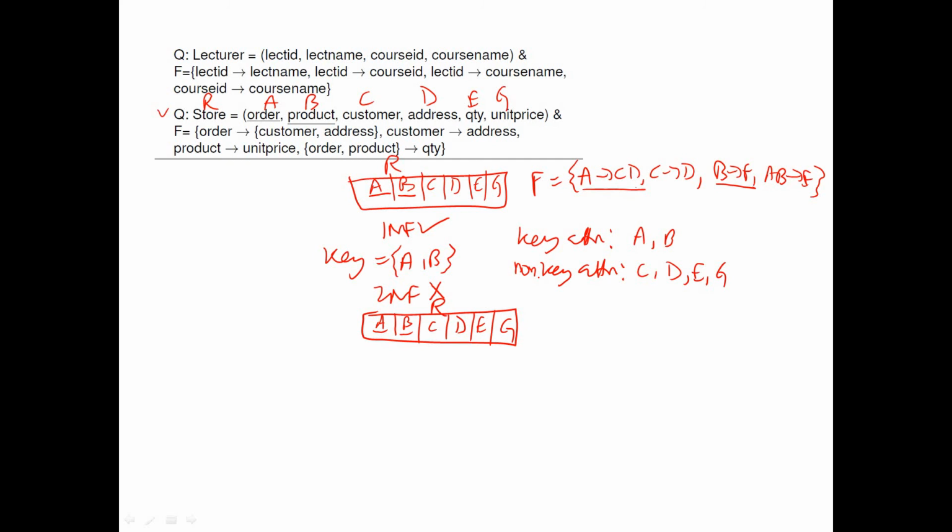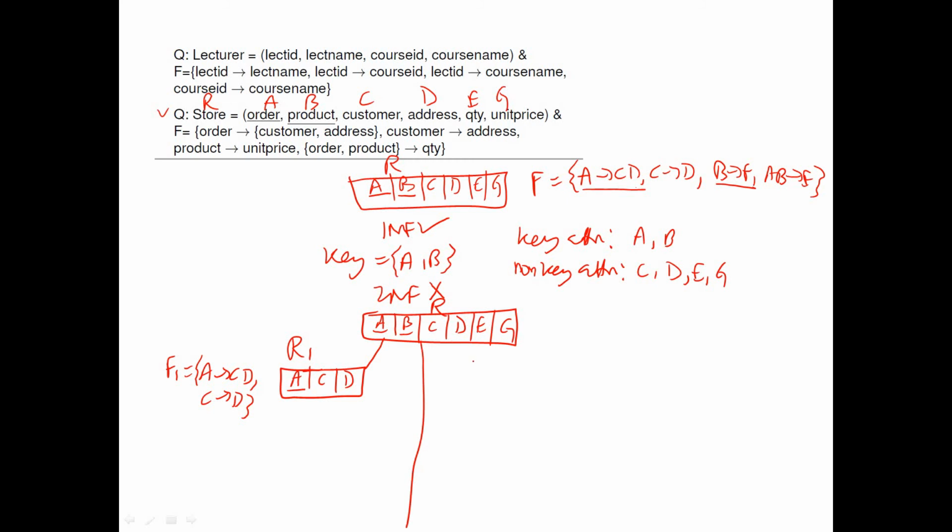The A to CD is creating the problem. That's why I'll create a separate table for that, that is A to CD. Here my primary key is A. Let it be R1. My F1 is A to CD. Similarly, C to D is also one part of the F1.